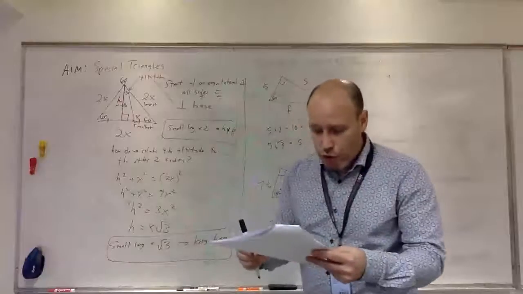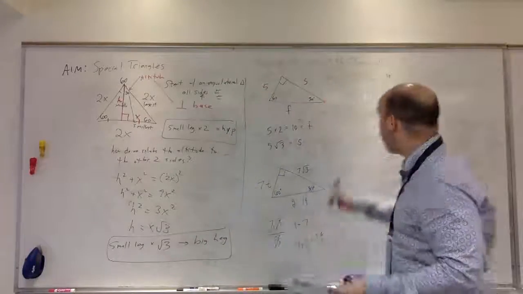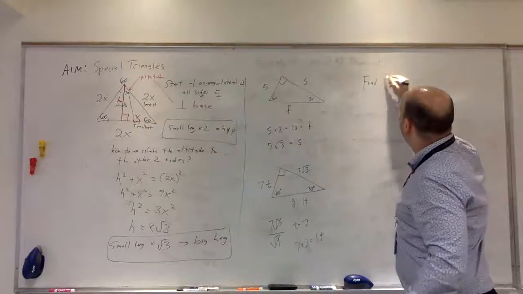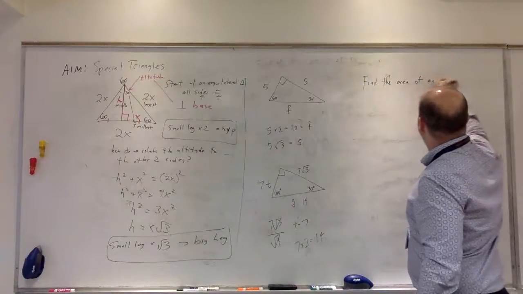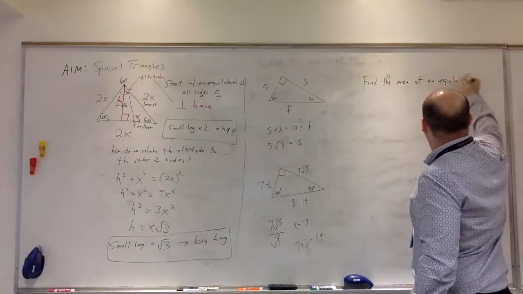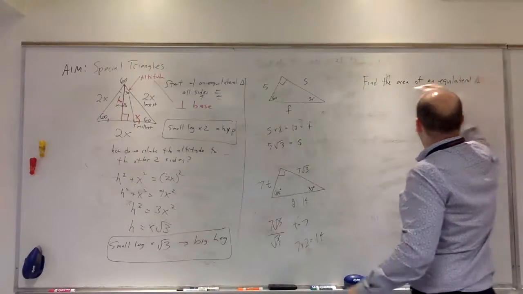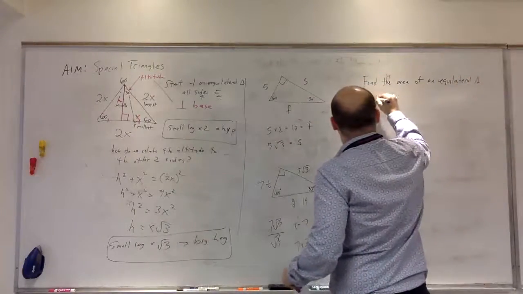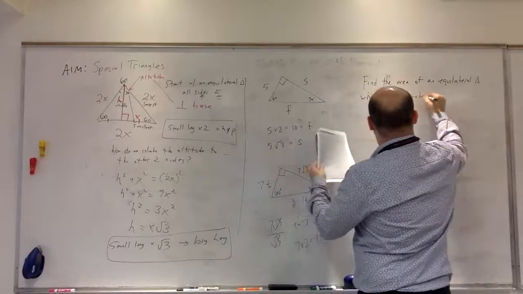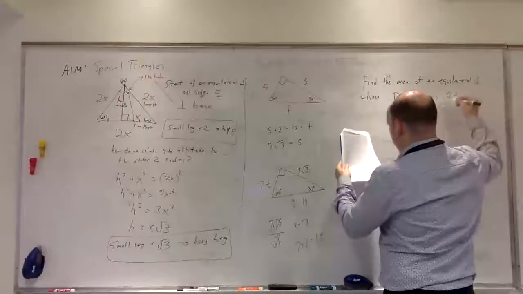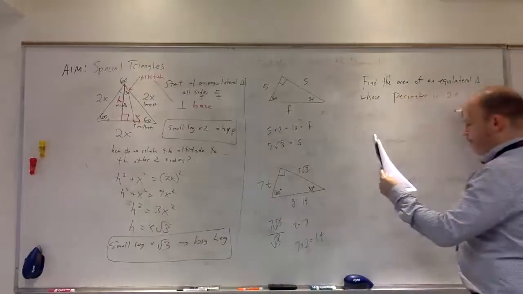Question: find the area of an equilateral triangle whose perimeter is 24.